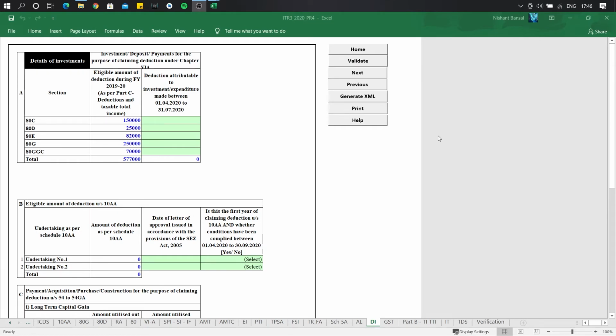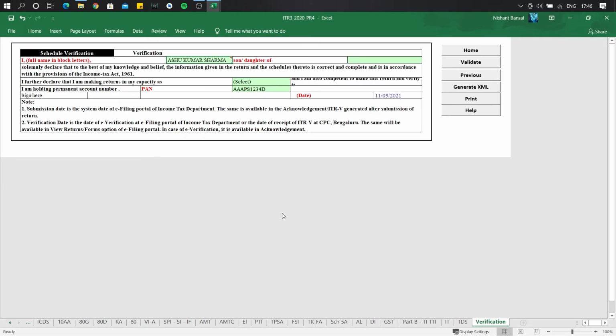We'll enter 95,000 here, because out of 150,000 only 95,000 was invested during this time period and the remaining was invested before the end of the financial year only. So we need to mention 95,000 here. Okay, so we are done with this as well. Now we are left with verification.